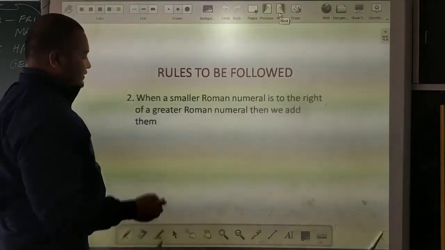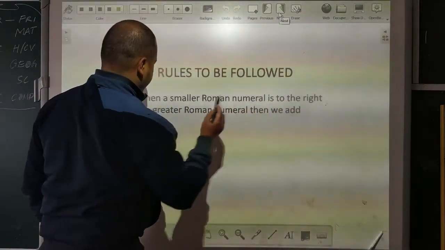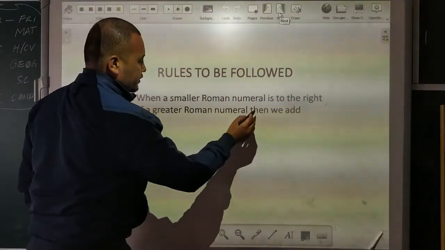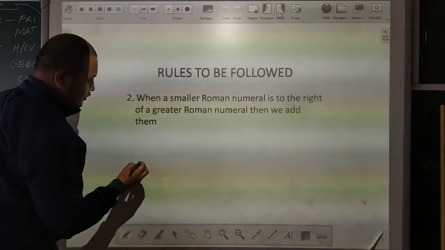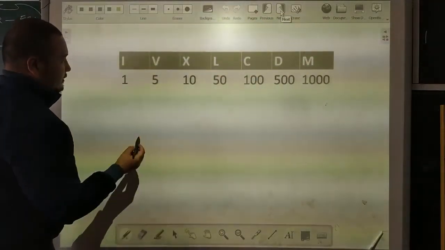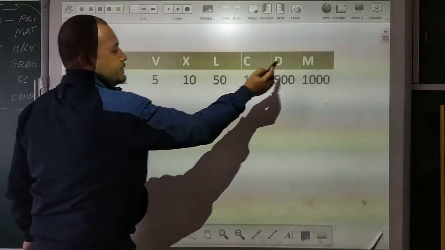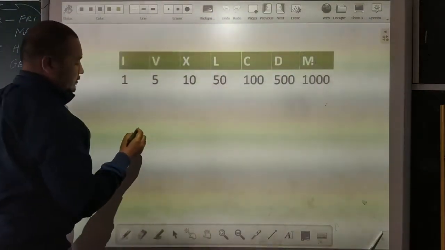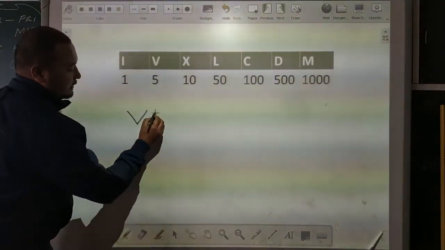Now the next rule says, when a smaller Roman numeral is to the right of a greater Roman numeral, then we add them. Let's see a few examples. This is the smaller Roman numeral and this is the greater Roman numeral. What if I write V and then I?